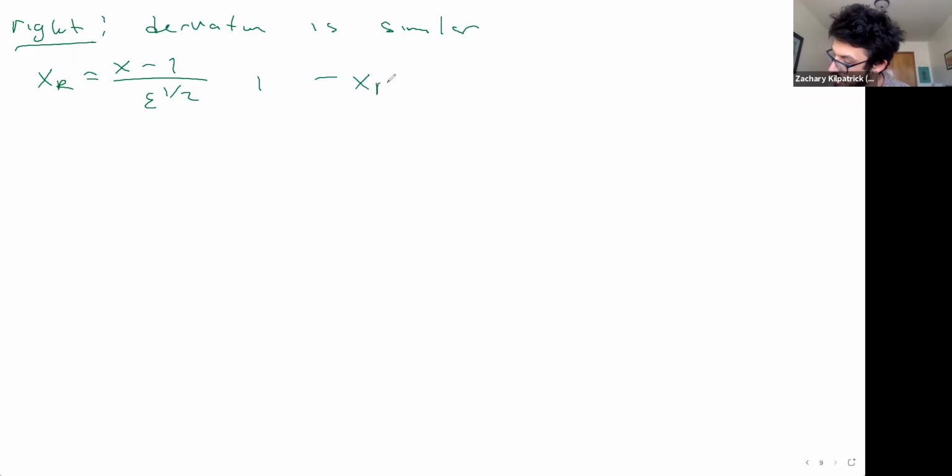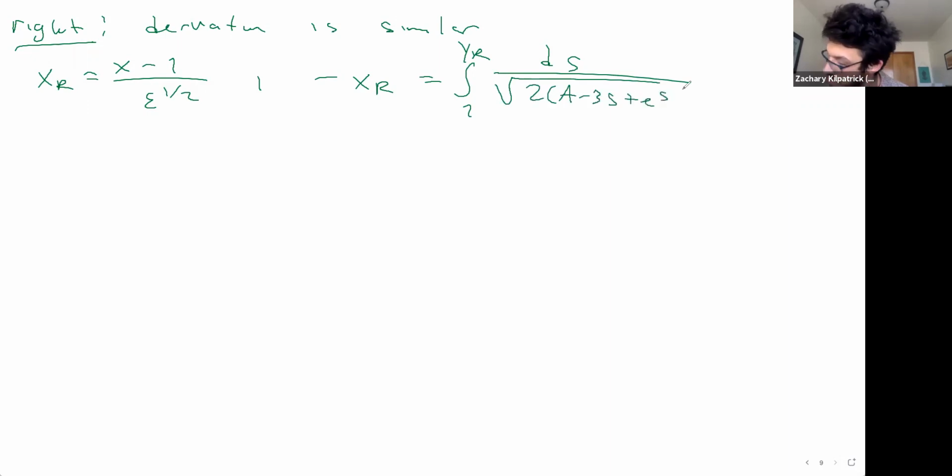We get minus xr is equal to the integral from 1 up to yr ds divided by square root of 2a minus 3s plus e to the s. And we have that a is equal to 3 log 3 minus 1. Okay.